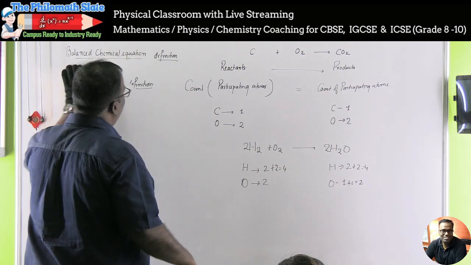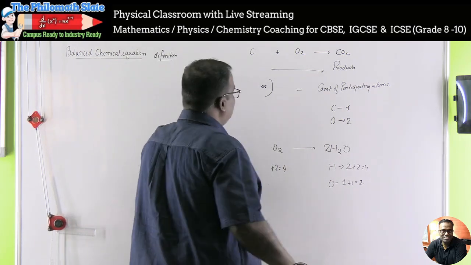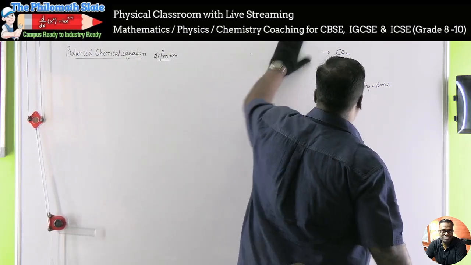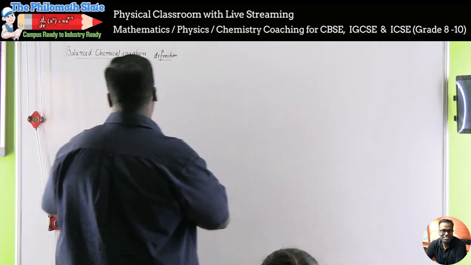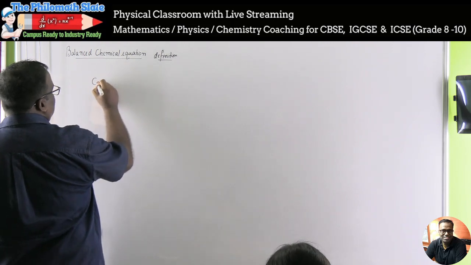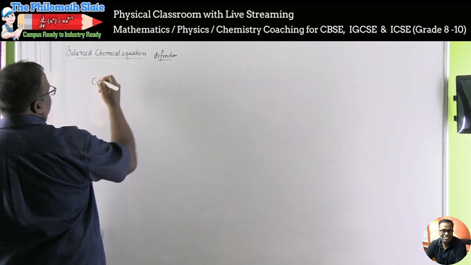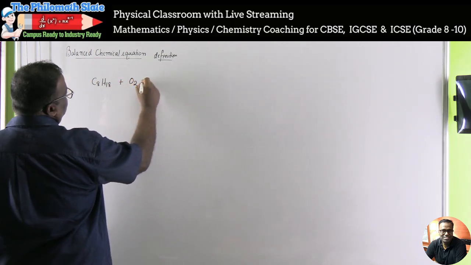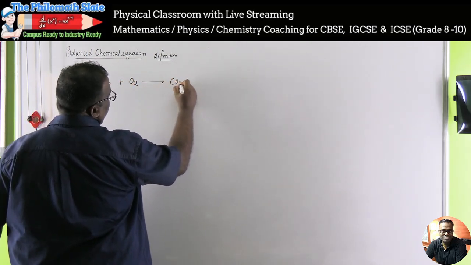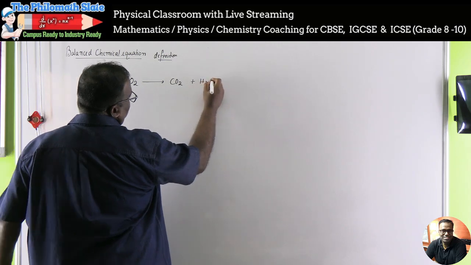Try one balancing, and the best way to practice balancing is always from the combustion of hydrocarbons. Let's take octane, C8H18. C8H18 plus O2 gives me CO2 plus H2O. This is octane.